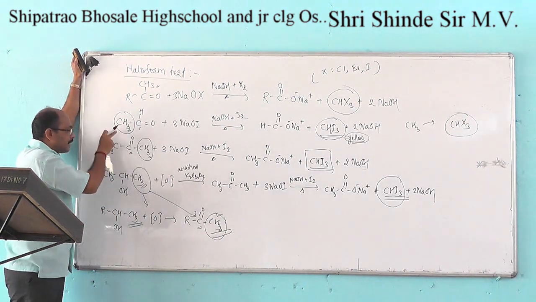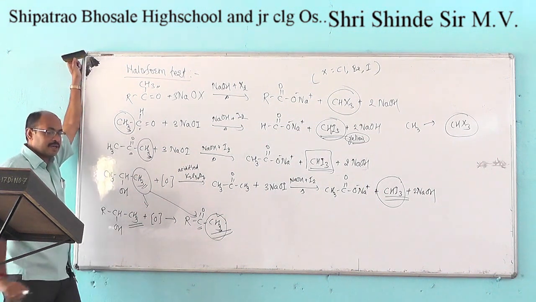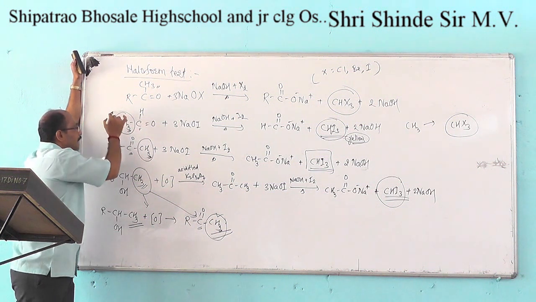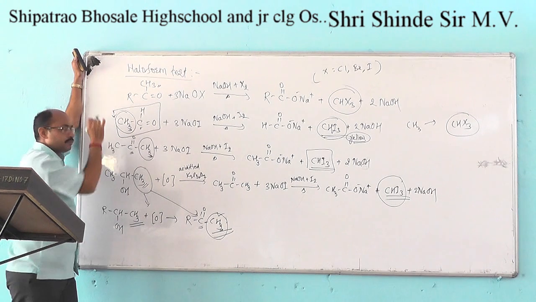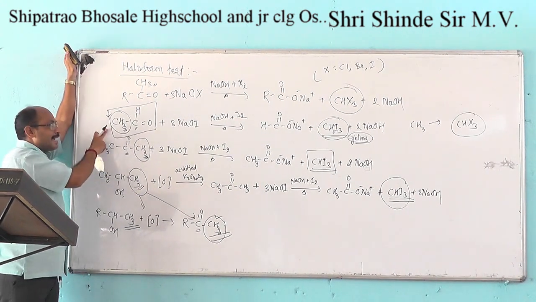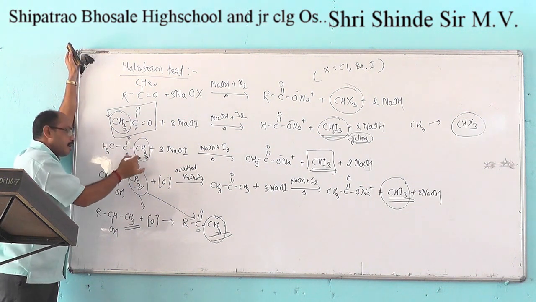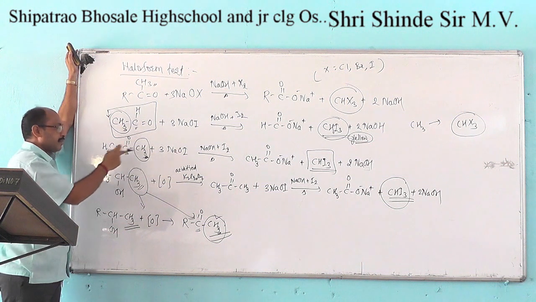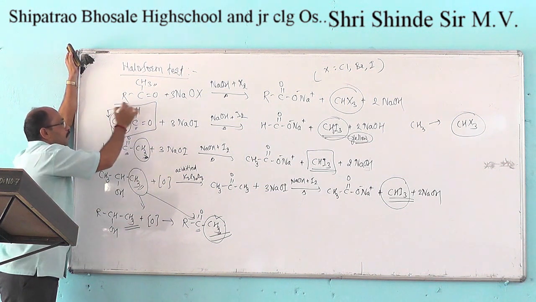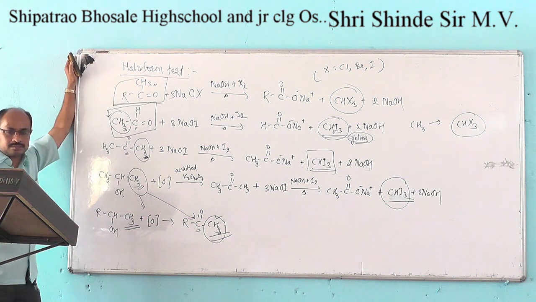So as per this statement, we can say that acetaldehyde is the only aldehyde which shows the haloform test, and all the ketones which show the haloform test must be methyl ketones.